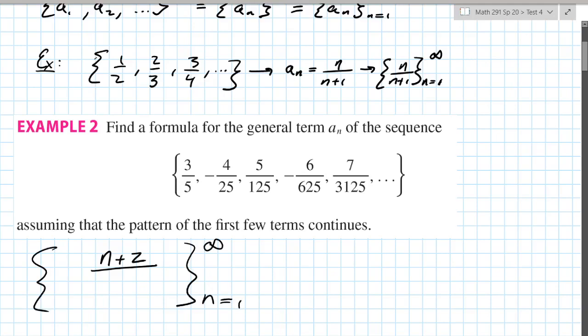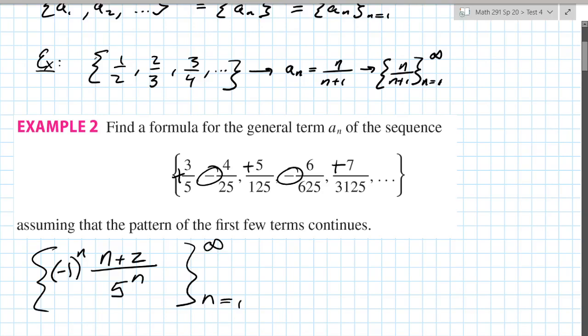Next thing I notice is the denominator looks like powers. That looks like 5 to the first, 5 to the second, 5 to the third, 5 to the fourth, 5 to the fifth. So it looks like 5 to the nth power. And then the next thing you notice is the signs here. We are alternating from positive to negative to positive to negative, positive. So to do that, we'll do a -1 to the nth power. Does that work?